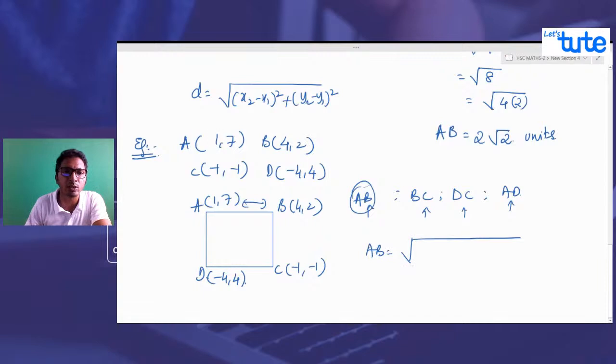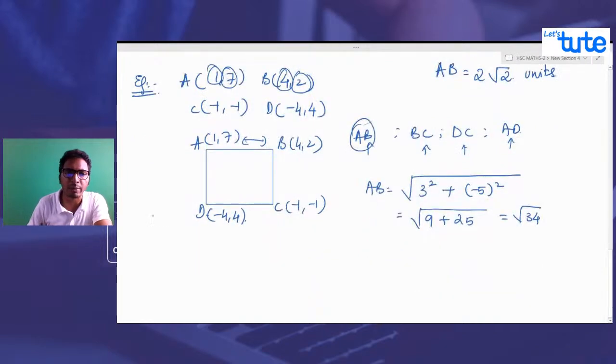In this case, 4 minus 1 is 3, squared, plus 2 minus 7, which is minus 5, squared. So we get 9 plus 25, so the square root of 34. Fine, this is what we got for AB.